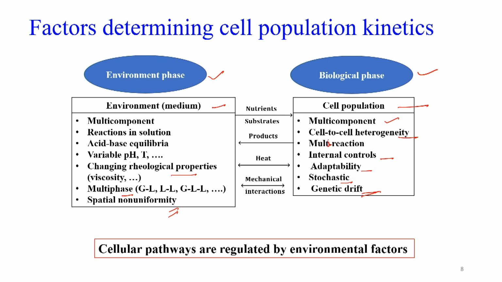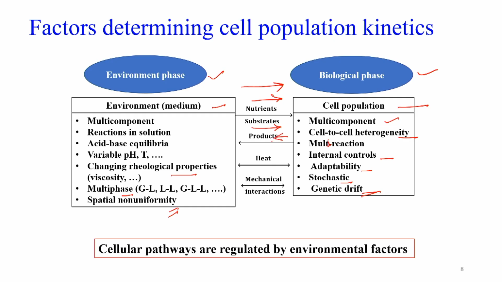First, cell population. What are they going to do? They are going to utilize the nutrient, the substrate, and the products will be formed and released to the medium. So, nutrients or substrate travel from the medium to the cell, and product goes from the cell to the media.